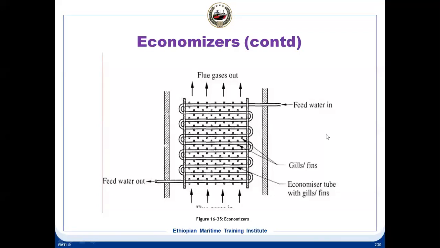The problem with these fins is, again, that if your combustion in the main engine is not good, any soot coming out of your main engine can get trapped in these fins.